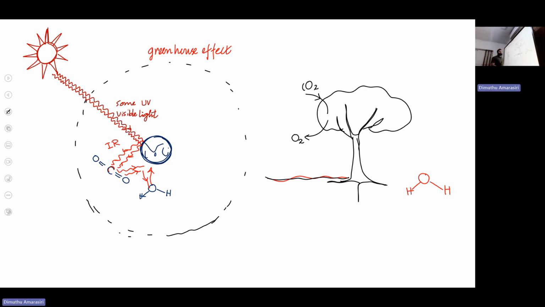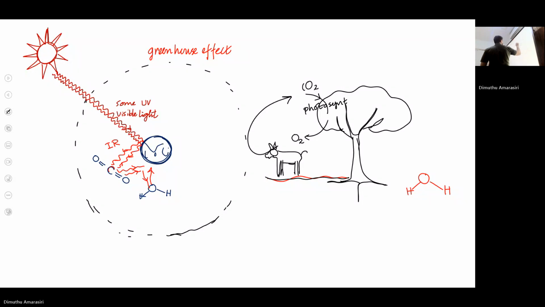Right? So then what do animals do? Animals use oxygen and send carbon dioxide to the atmosphere. Right? So this is photosynthesis, and this is what?